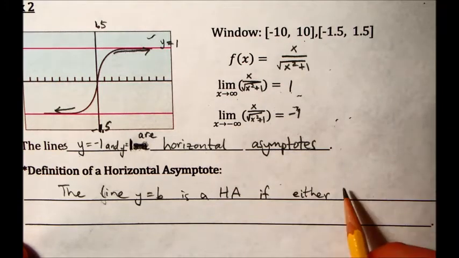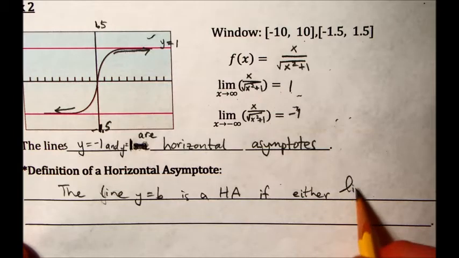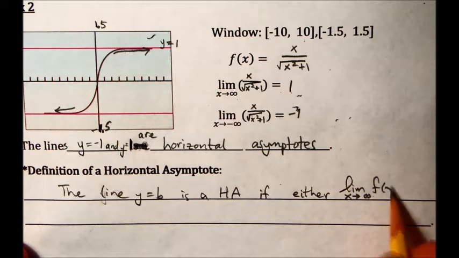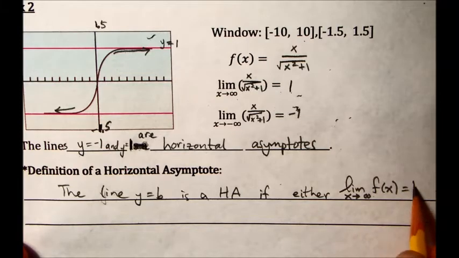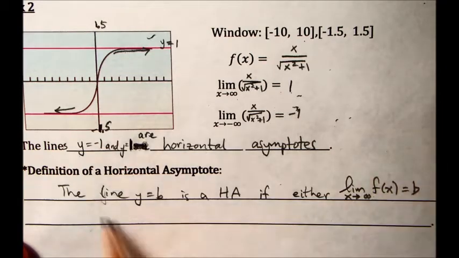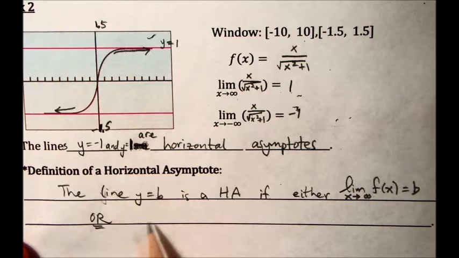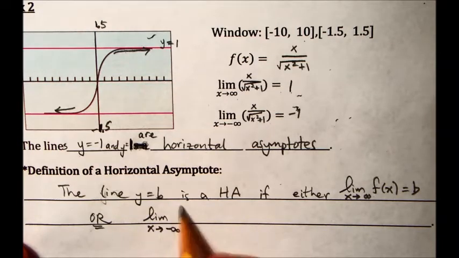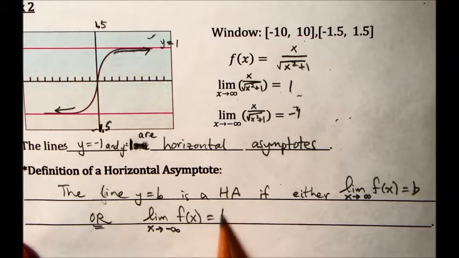Either the limit as x goes to infinity of f of x is equal to b, or the limit as x approaches negative infinity of f of x is equal to b.